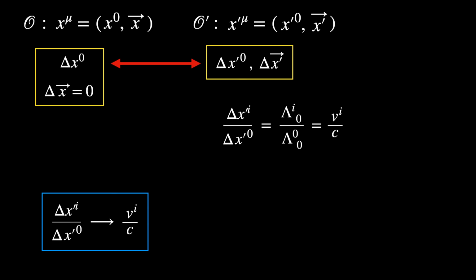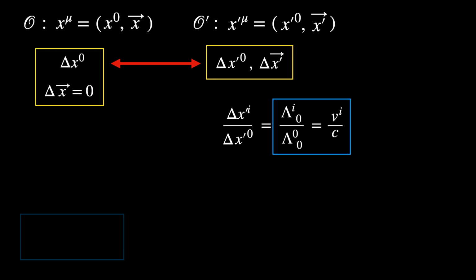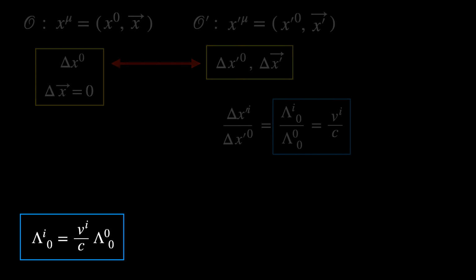This allows us to relate the matrix elements of lambda to the velocity of O with respect to O prime. This is our first result. But we haven't yet started solving the equation in the red box. This is just to introduce the physical parameter v into the definition of lambda.